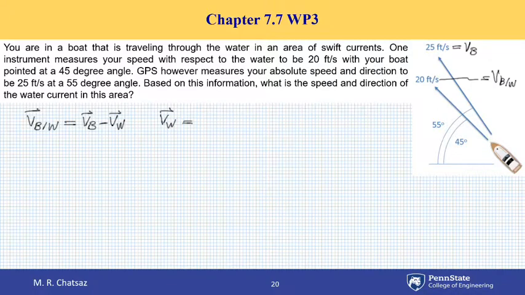So if I rewrite this, VW equals VB minus VB/W, the relative velocity. So I have an unknown vector on the left side and known vectors on the right side.